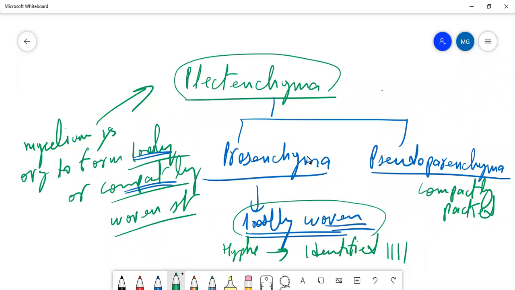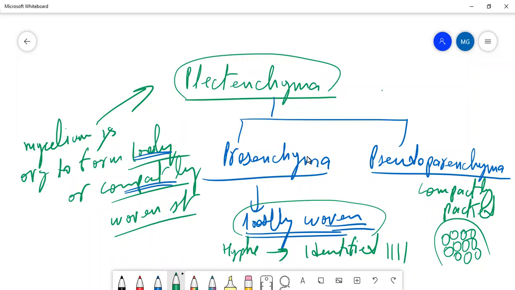And when you look at a pseudoparenchyma, you can see that the structure is made up of tightly packed isodiametric cells. Look at this. You cannot see elongated hyphal structures. They have lost their individuality, and you can see closely packed, tightly packed isodiametric cells.